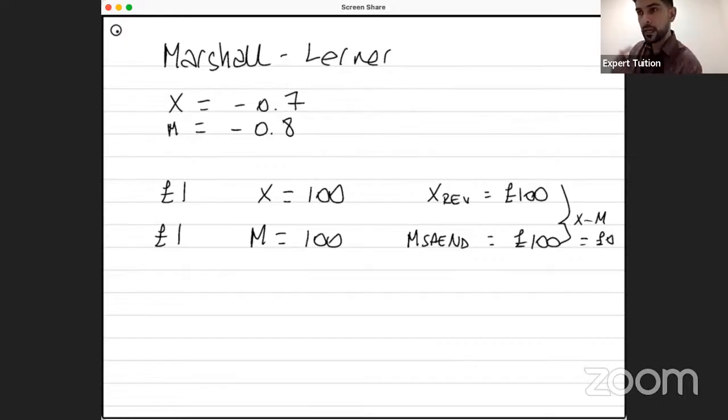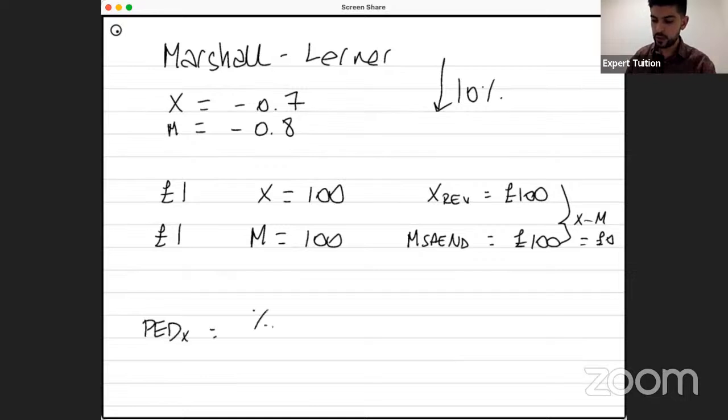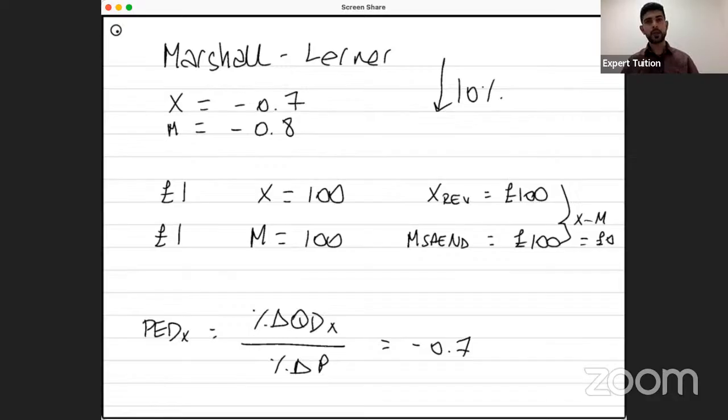Okay. And now I told you the pound has depreciated by 10%. Let's plug it into our numbers. The first thing we need to know is this: the PED of exports is equal to the percentage change in quantity demanded of exports divided by the percentage change in the price, and that is equal to minus 0.7. If the pound has depreciated by 10%, do you guys agree that our exports are 10% cheaper?